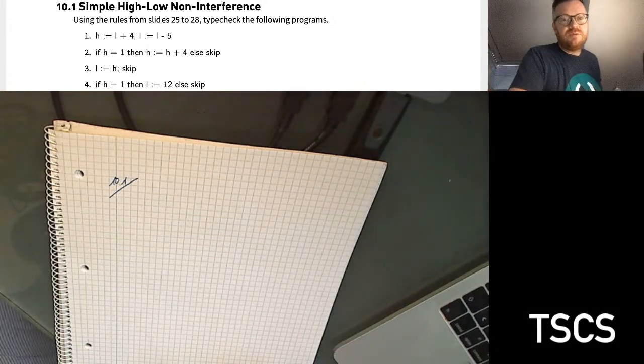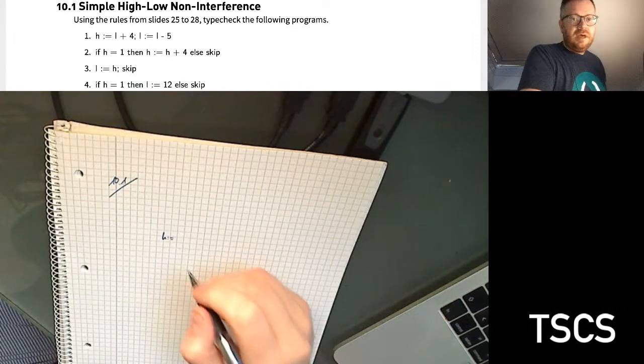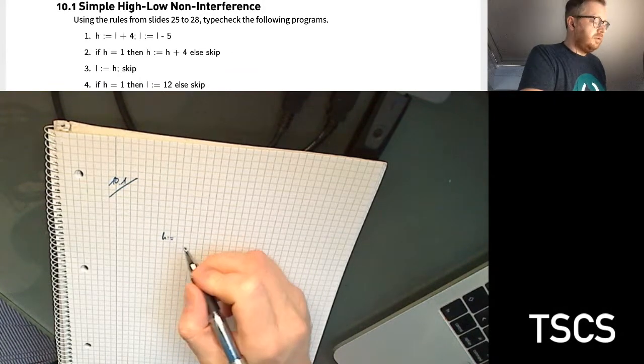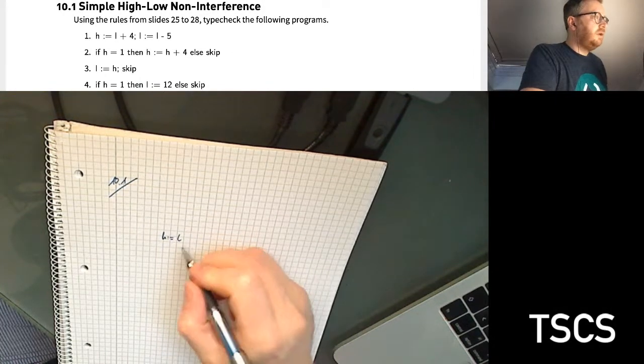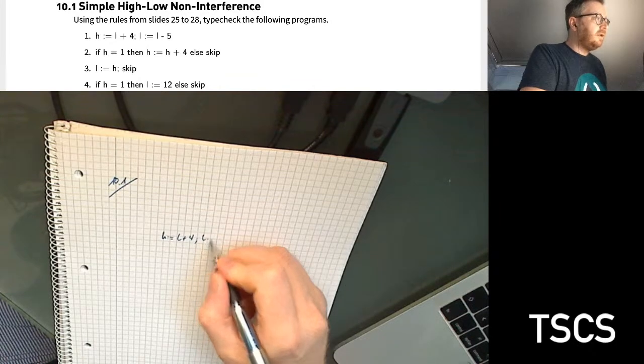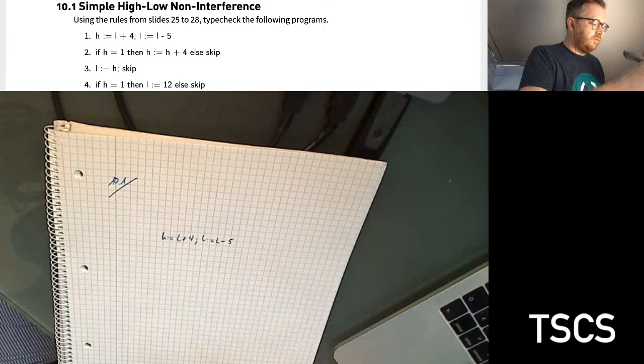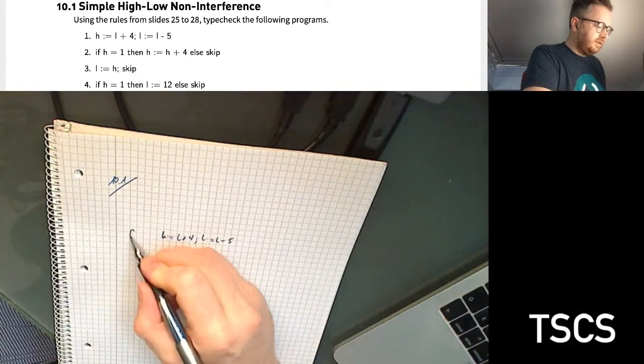Good, so the first one was H assigned L plus 4 sequenced with L assigned L minus 5. And of course this whole thing has a context.